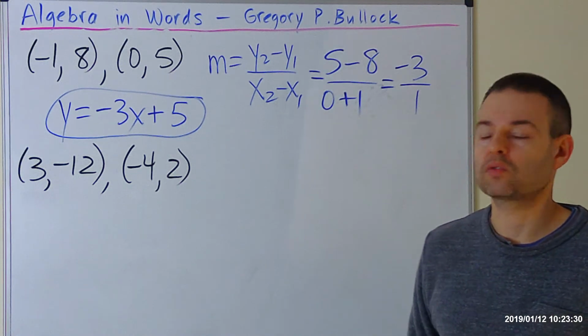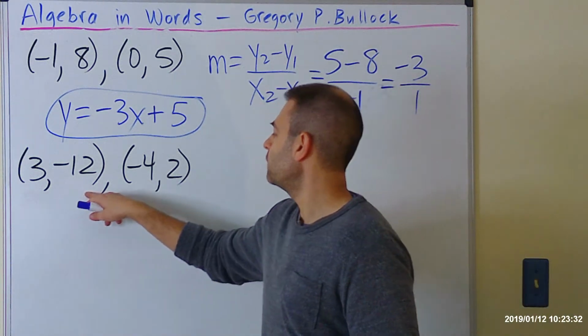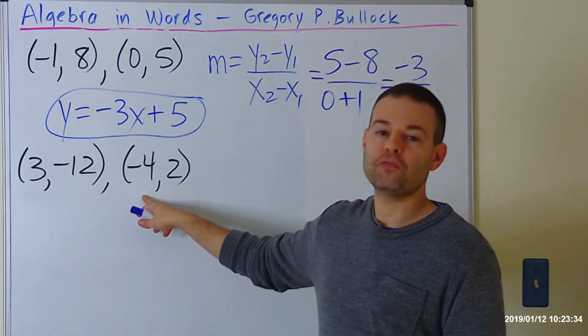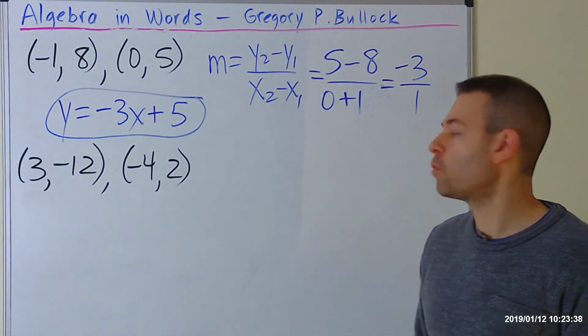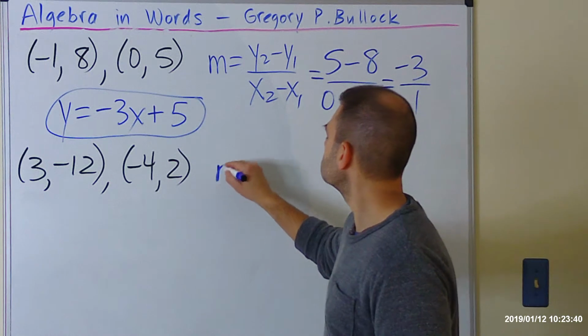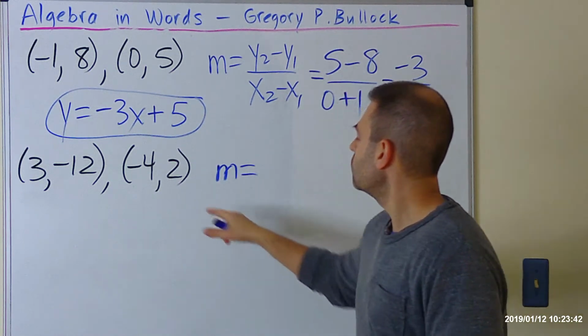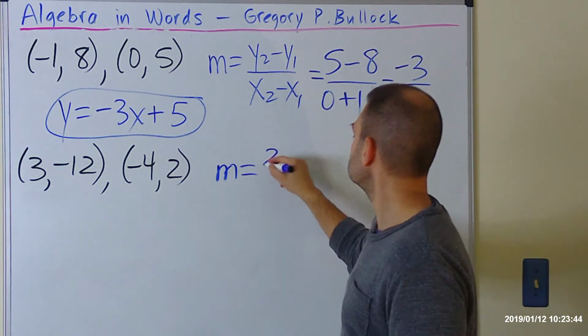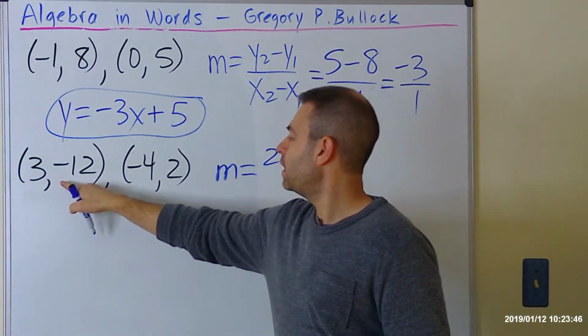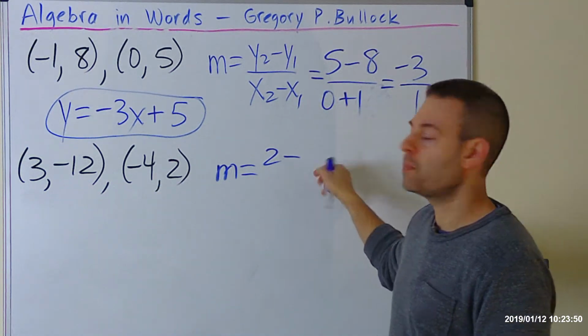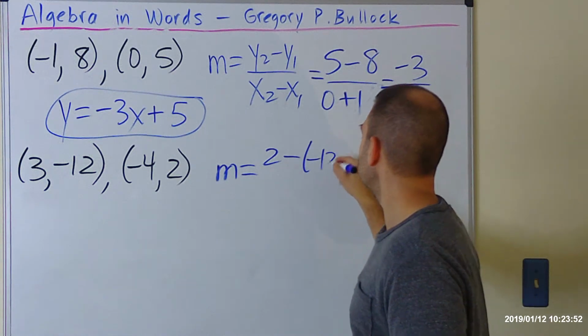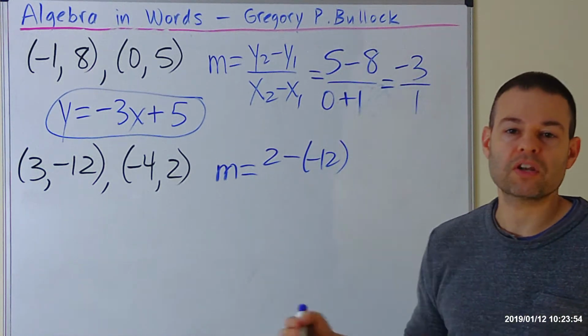So let's look at the next one. 3, -12, and -4, 2. Again, let's put that into the slope formula, where this is y2, and if this is -12, minus -12, I'm going to leave it like that for now, because I want to show every step.